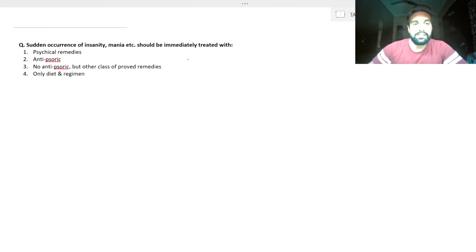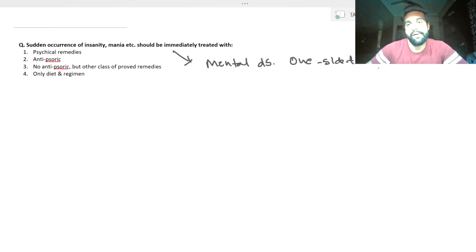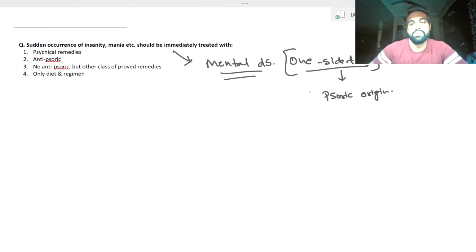Now this is an MCQ from mental disease. We all know that mental disease is a type of one-sided disease, and these one-sided diseases are of psoric origin. So obviously mental diseases are also psoric in origin.